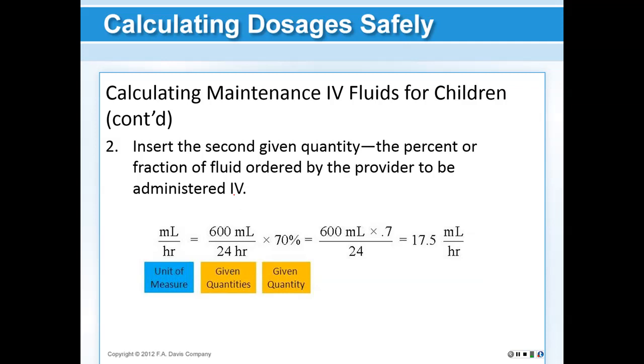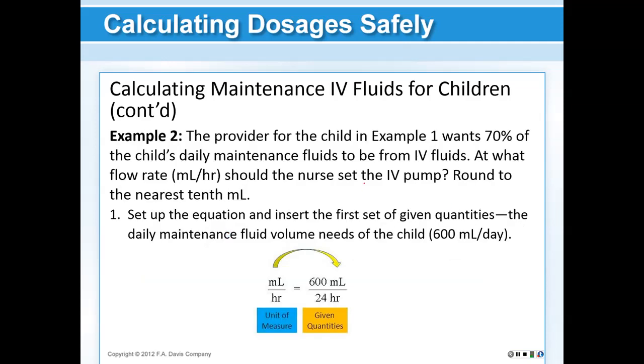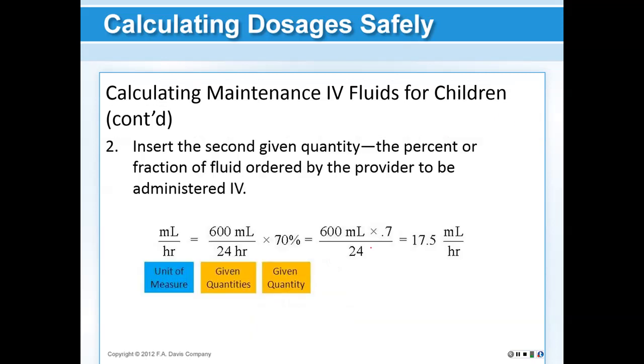And then sometimes your provider maybe would say that they want the client to receive 70% of whatever that daily fluid need is from IV fluids. So then once you know how many milliliters per day they require, you could just multiply that times 70%. Maybe the pediatric client is drinking a little bit, but not enough to fully maintain their circulatory needs.